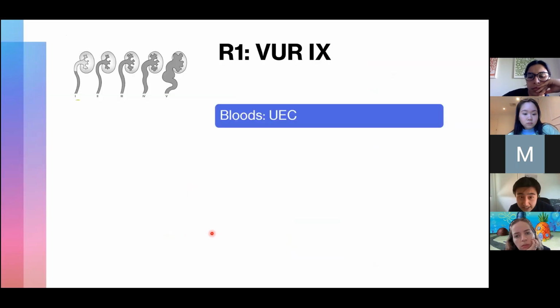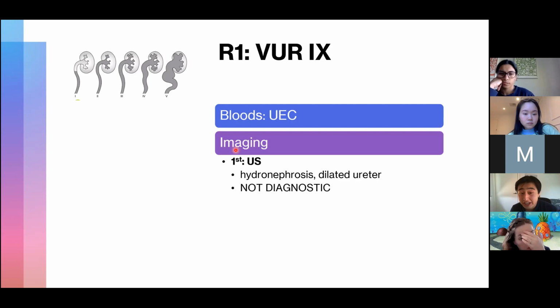In terms of investigating VUR, first you do a UEC to look for renal damage. Then you want to do imaging, which is where the money is at. For your first line investigation, you do an ultrasound, and you want to look for hydronephrosis or a dilated ureter. However, an ultrasound by itself is not diagnostic.